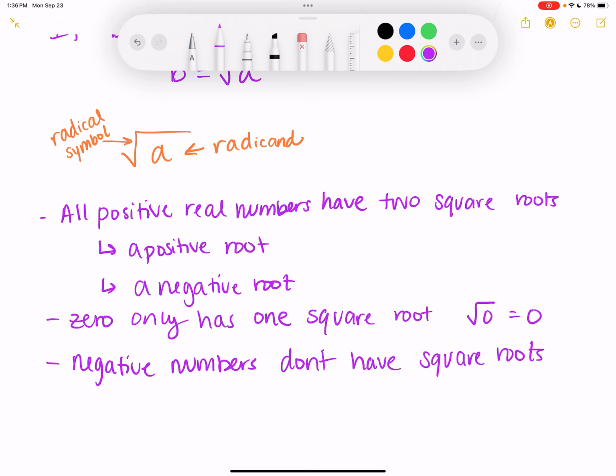All negative numbers, because it's like -1 times something. The square root of -1 is i. But you don't need to worry about that yet. That'll come later.